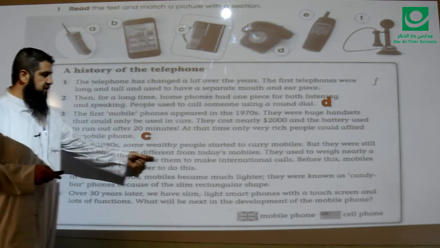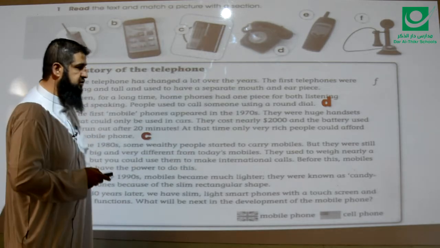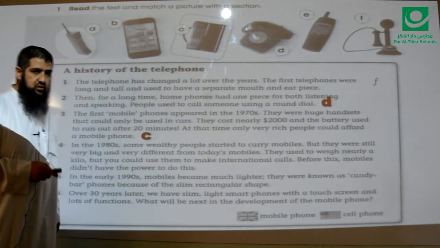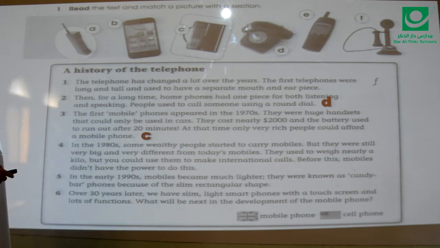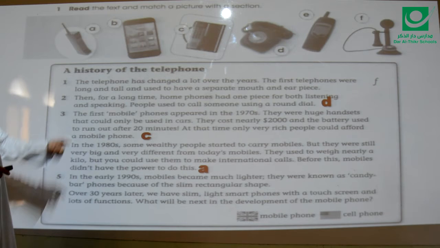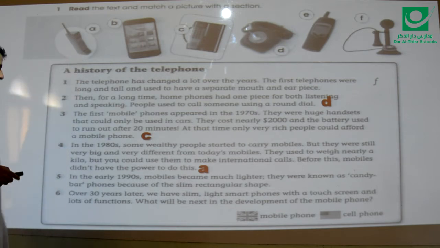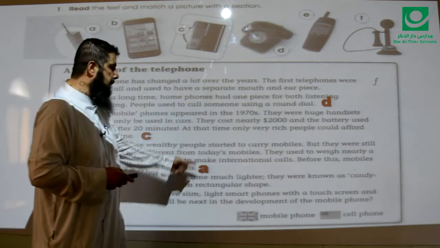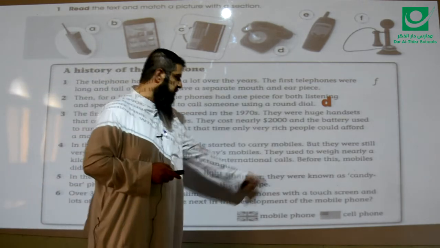But you could use them to make international calls. Before this, mobiles didn't have the power to do this. Please decide on the correct picture and compare. It is picture A.